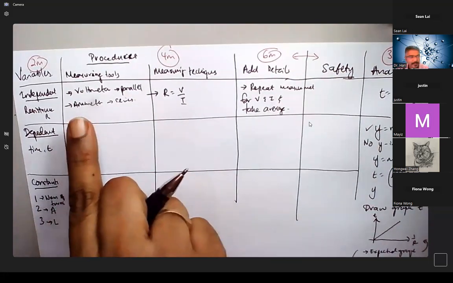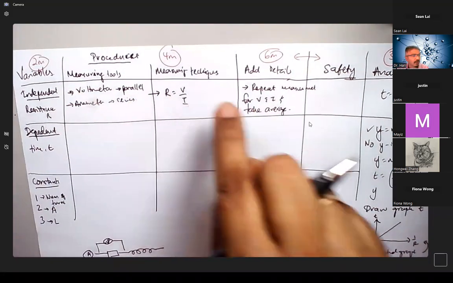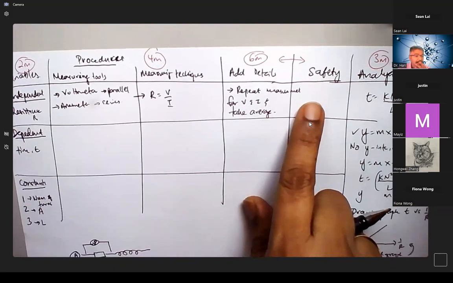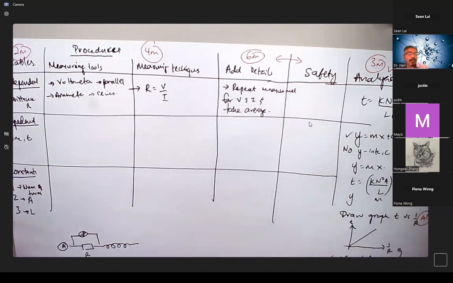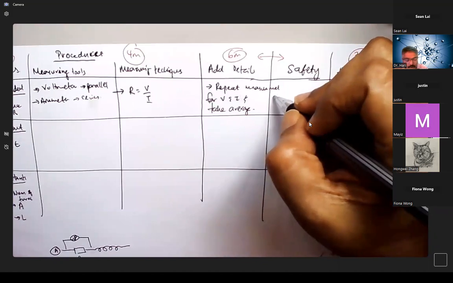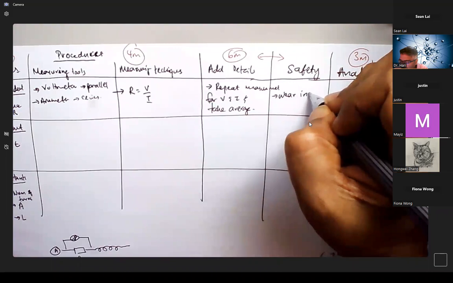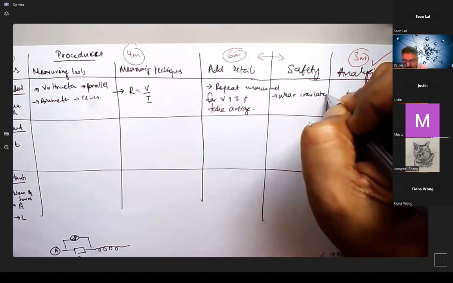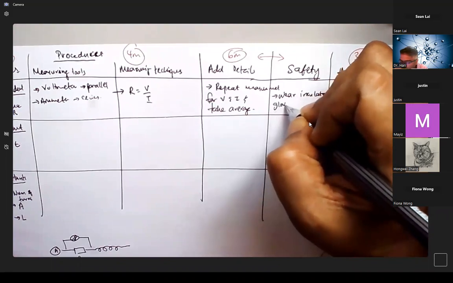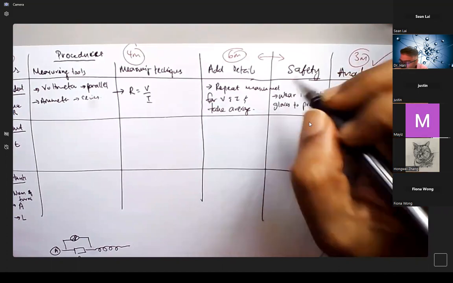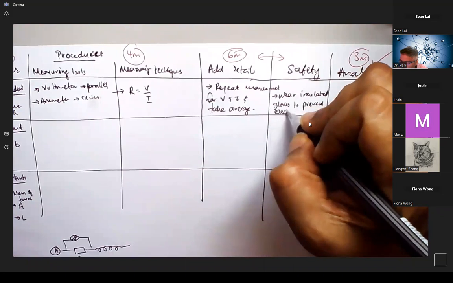So you go like this, filling up each of the blanks. Safety: since we are dealing with electrical instrumentation, we need to wear insulated gloves to prevent electric shock.